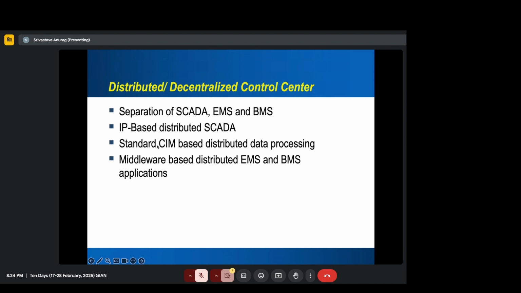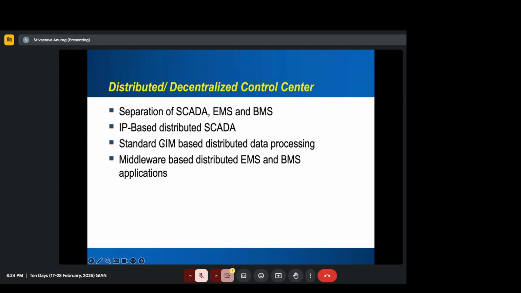CIM, the common information model, is about interoperability of different software, right? If you work with software and you want to make it interoperable, if it's taking the same format, it is very easy to change. So you can replace one software made by one company with another software made by another company very easily.